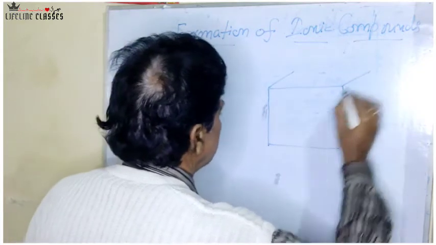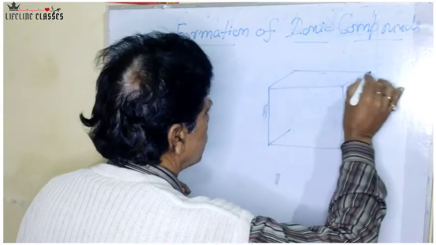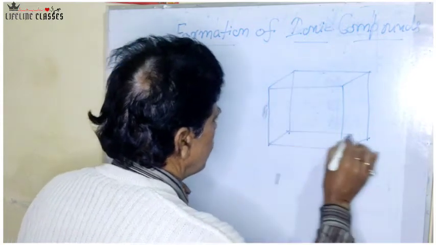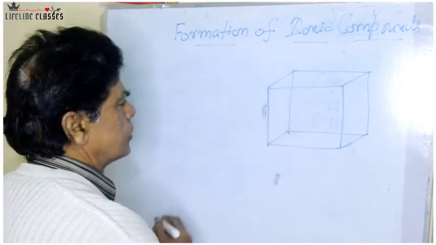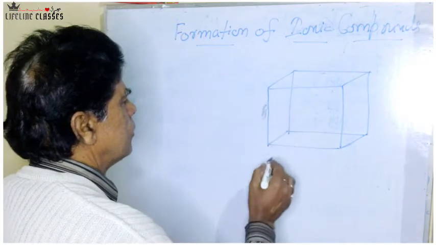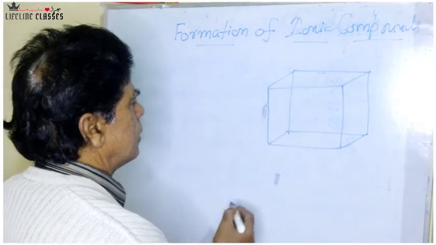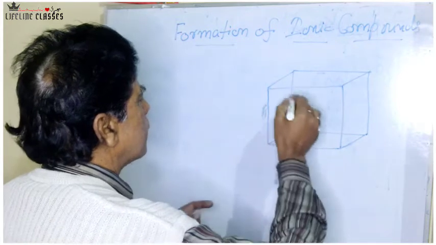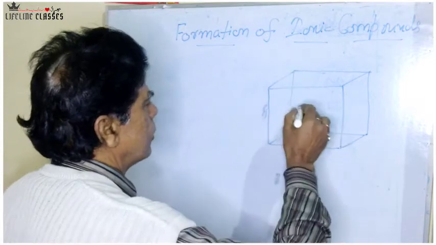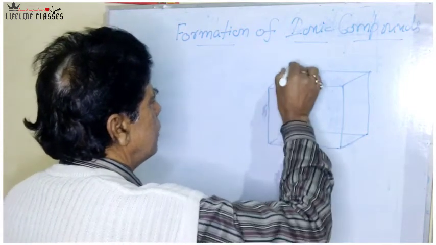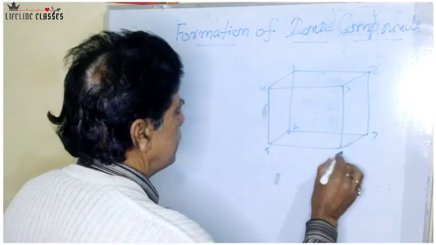See here, this is the structure of the crystal lattice, meaning there are 8 corners of this cubic crystal, and each corner is occupied in an alternate fashion by Na+ and Cl−. If we number these corners 1 to 8, that is 1, 2, 3, 4, 5, 6, 7, 8.